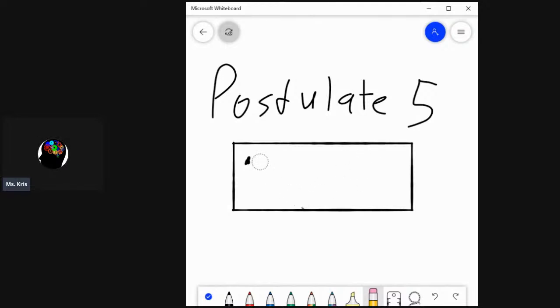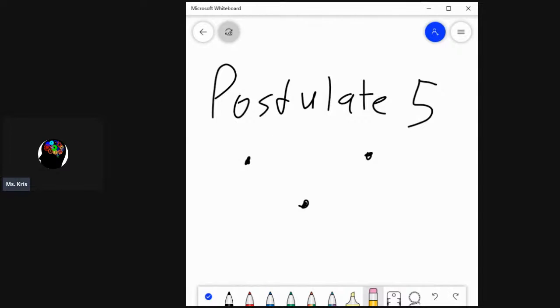Now, postulate 6 says if 2 distinct planes intersect, then their intersection is a line.